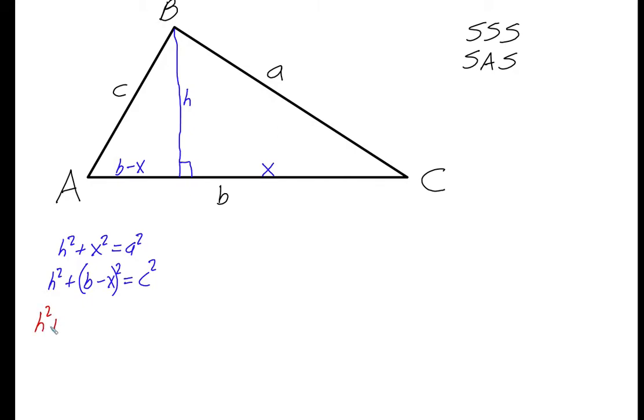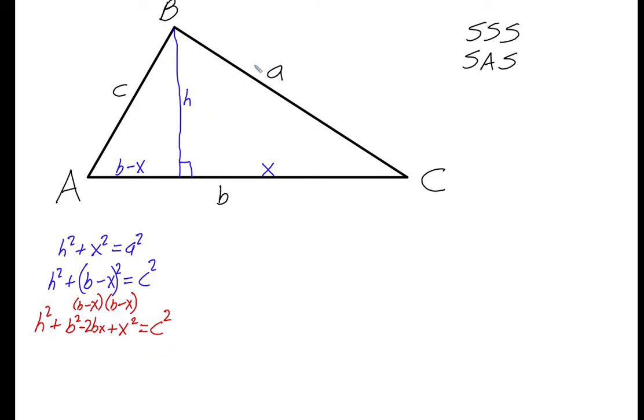We get h squared plus, when we do b minus x times b minus x, because that's what squared means, multiplying it by itself, we get b squared. We do get an x squared, but it turns out to be positive because it's negative x times negative x. And we also get b times a negative x and another b times a negative x, so we get negative 2bx. Okay, so that's what (b minus x) quantity squared FOILs out to be, and then that equals c squared.